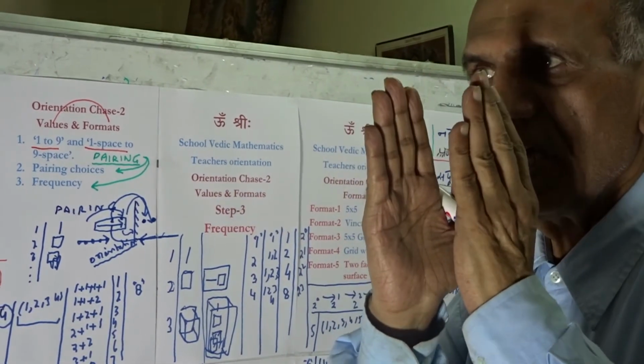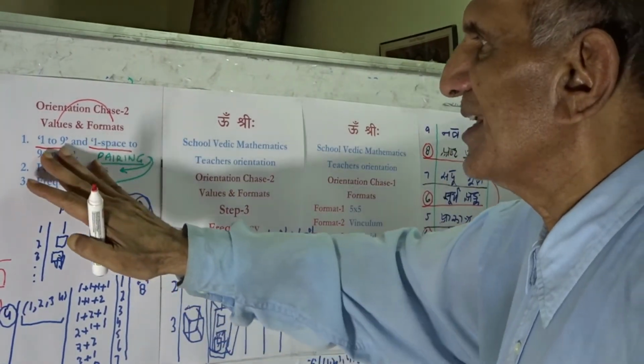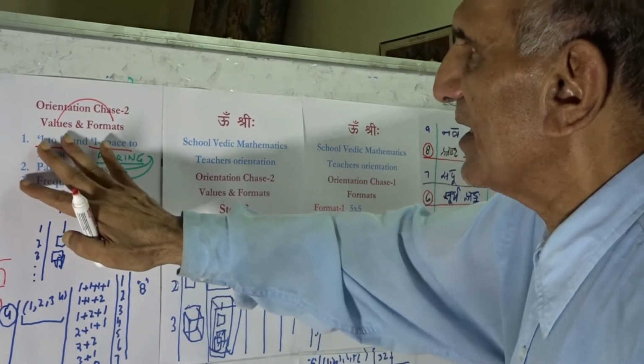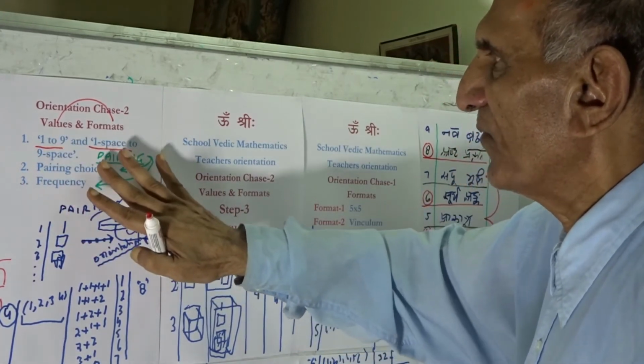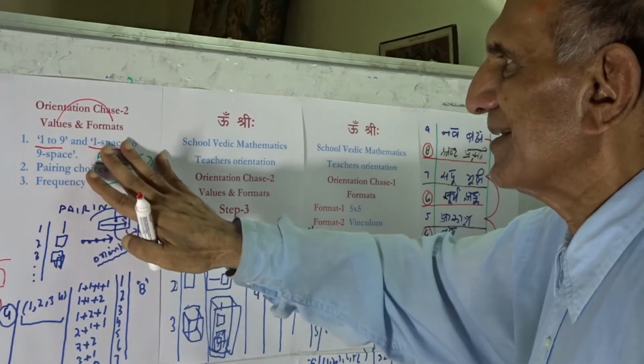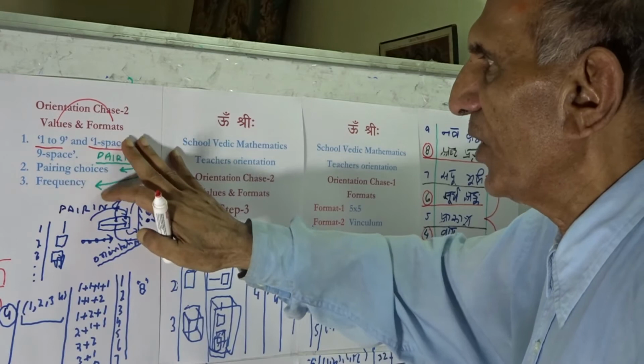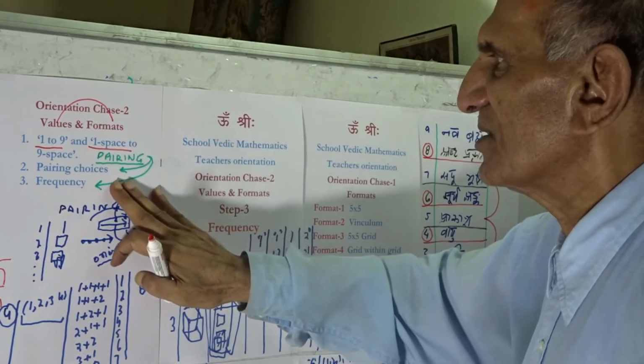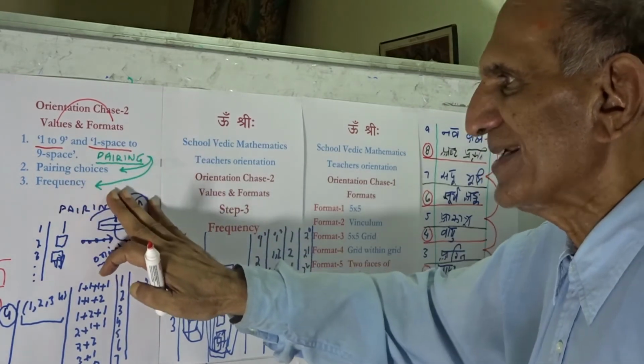Therefore, for this pairing, when we have distinct entities, then from this mundane, realistic pairing with pebbles, we reach the next step of pairing choices.